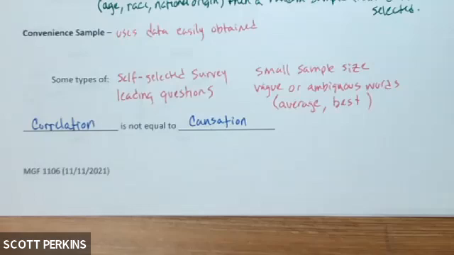Okay, and what had happened is somebody did a study, and they found that there was a correlation. There was a relationship between the weight of people who drink diet soda. Okay, and I drink diet soda. Okay, so this interested me.